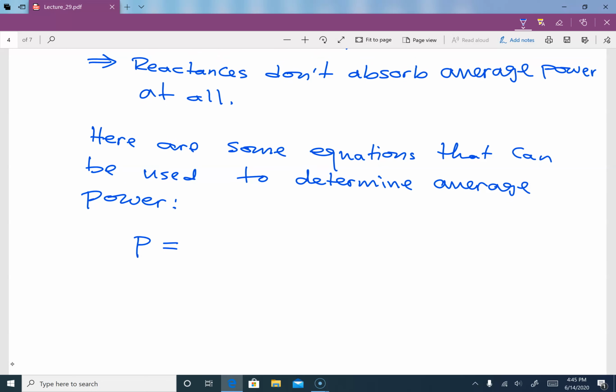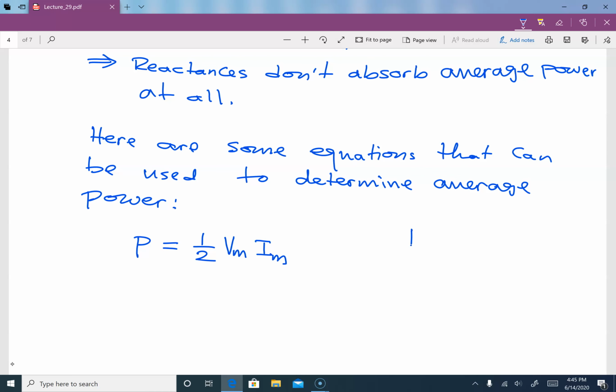P is equal to 1/2 Vm times Im. What we mean by that is the following.